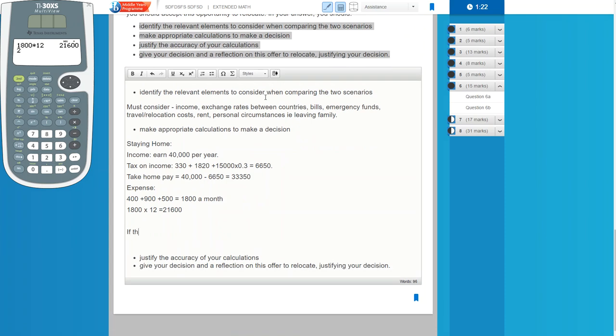So if they stay at home, they have disposable income. So that's how much you've got after you've paid all your fees and all your rent and your expenses, paid your tax. 33350 take away 21600.